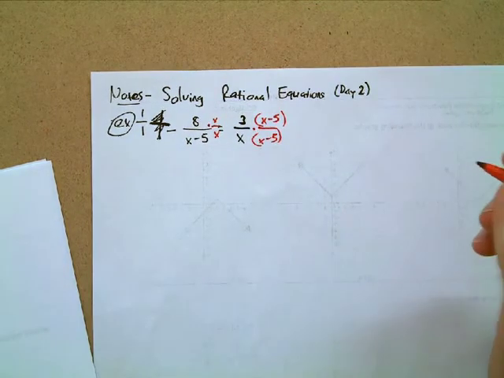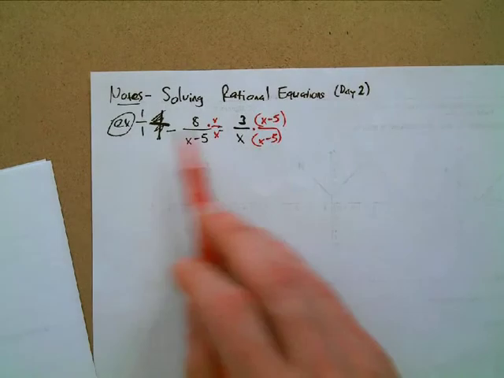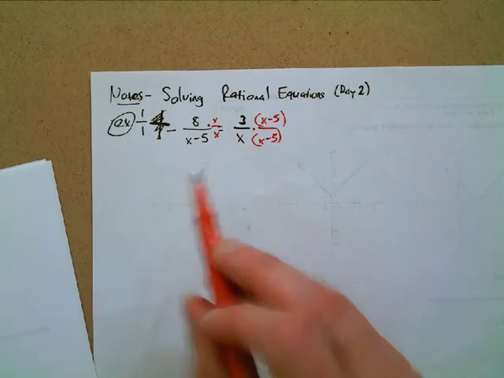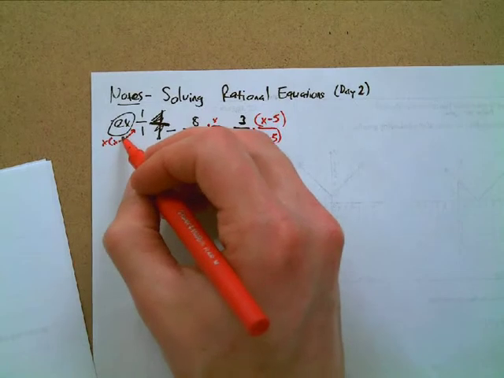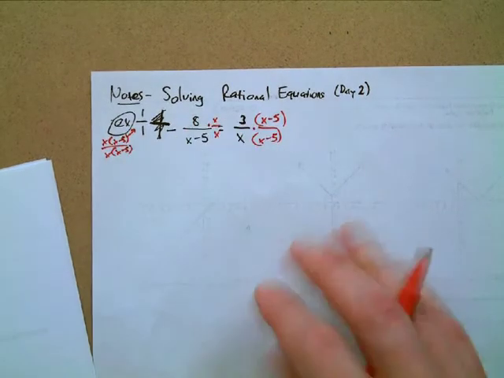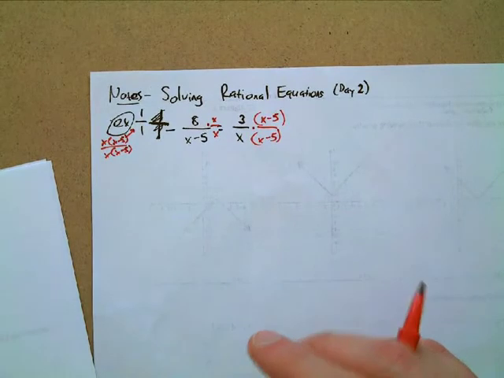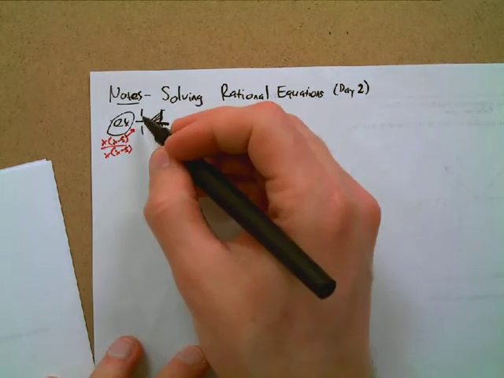So the 1 over 1: the 1 is missing both an x and an x minus 5. I'm going to run out of space here, but we're just going to multiply by x times x minus 5 over x times x minus 5. I didn't leave myself enough space. Okay. So 1 times this.